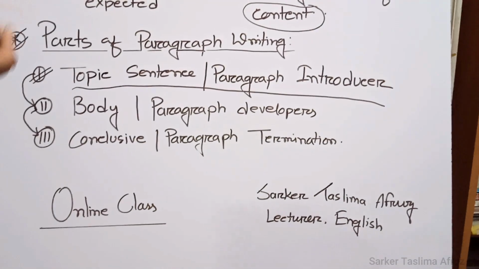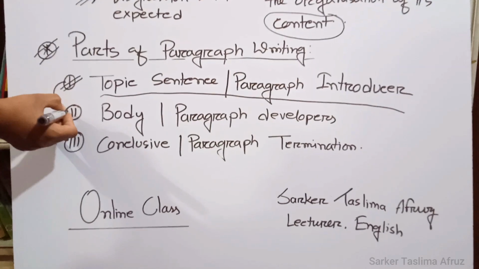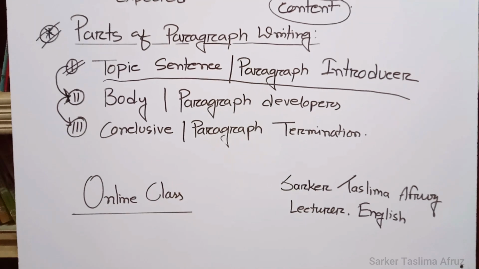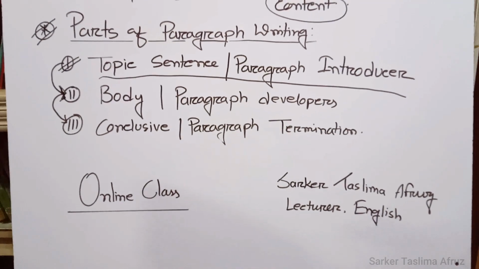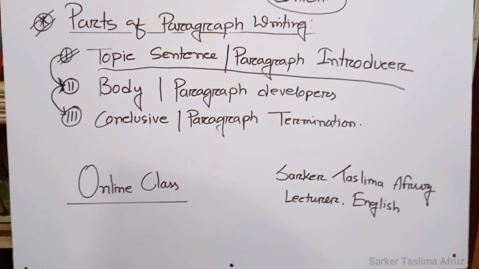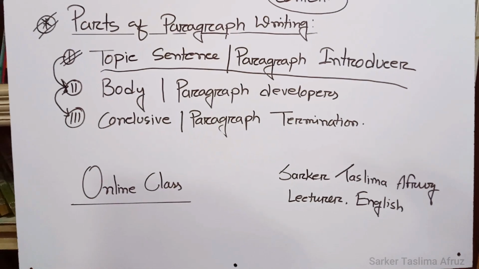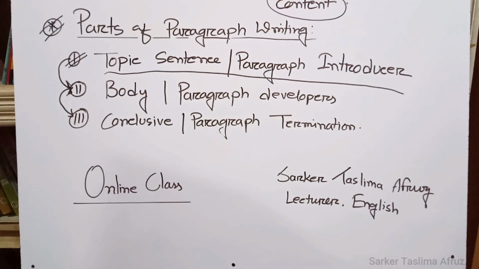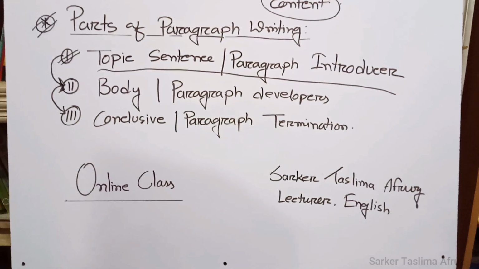Here you need to use a very important grammatical point, that is connectors, sentence connectors. Sentence connectors will help you a lot to write a perfect and suitable paragraph. In today's discussion, I am not going to talk about sentence connectors, but in my next videos, definitely I will show what sentence connectors are.